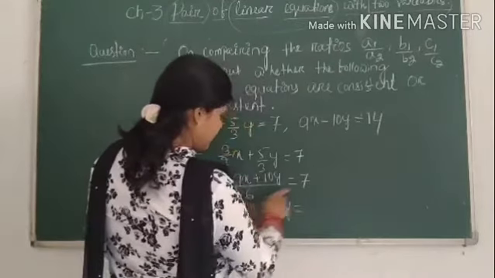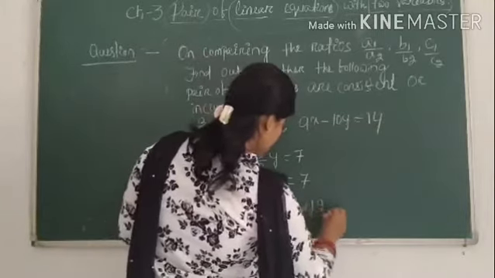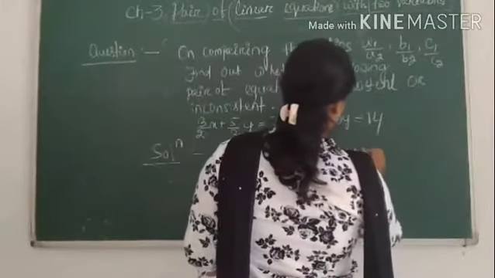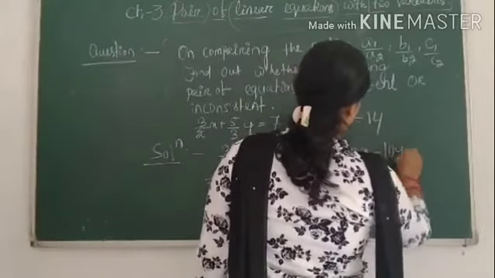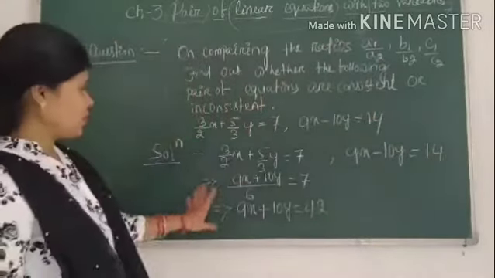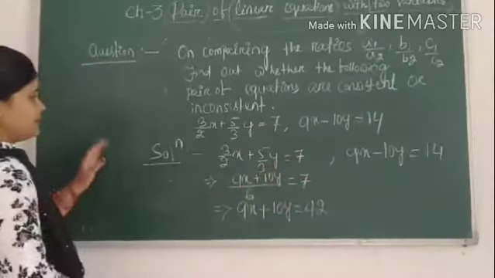This will become 7 into 6, so 7 sixes are 42. This is your first equation, and your second equation is 9x minus 10y is equal to 4. So these are two equations.